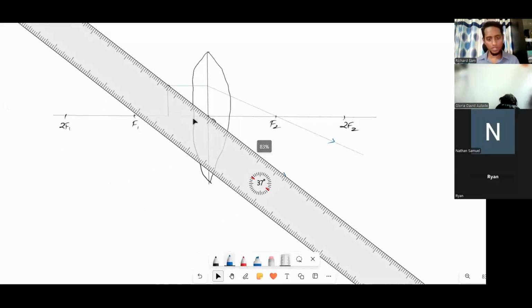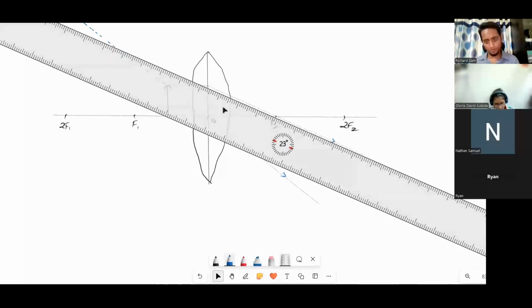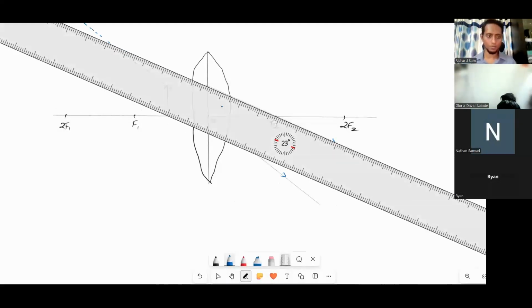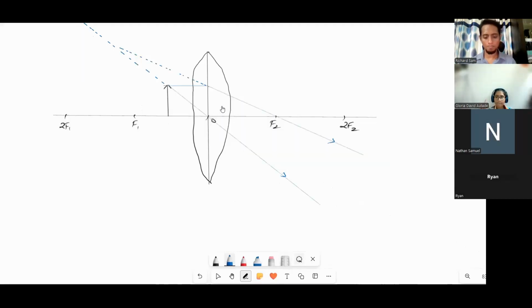Then do the same thing for the other ray also, extend it backwards. The rays meet anywhere on the left side. It doesn't have to be between F1 and 2F2. It can be anywhere, but it'll be on the left side. So this is your image.